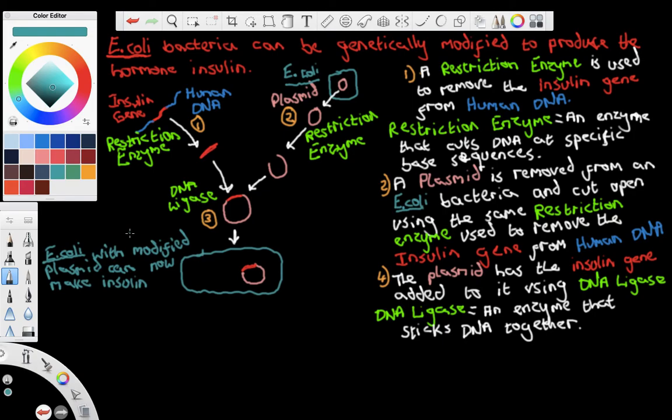Okay, so E. coli with modified plasmid can now make insulin.